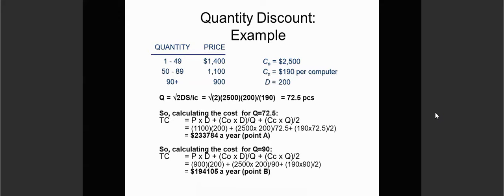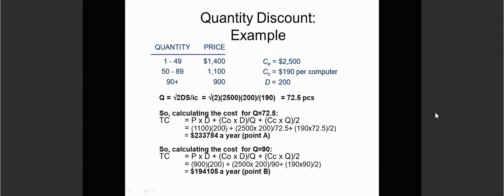So based on the optimum order quantity of 72.5, we need to identify which range in the quotation price provided by the supplier the 72.5 units falls within. We found that 72.5 units is within the order quantity range of 50 to 89 units at the price of 1,100.